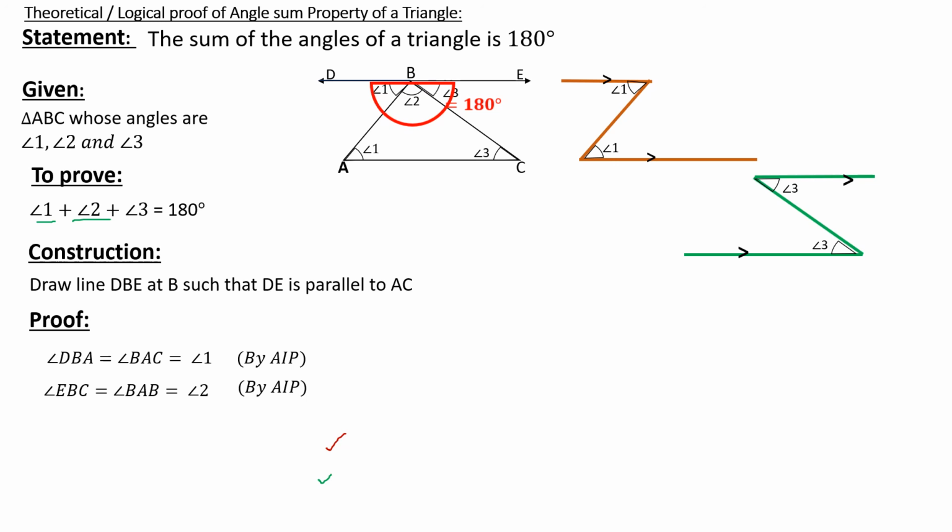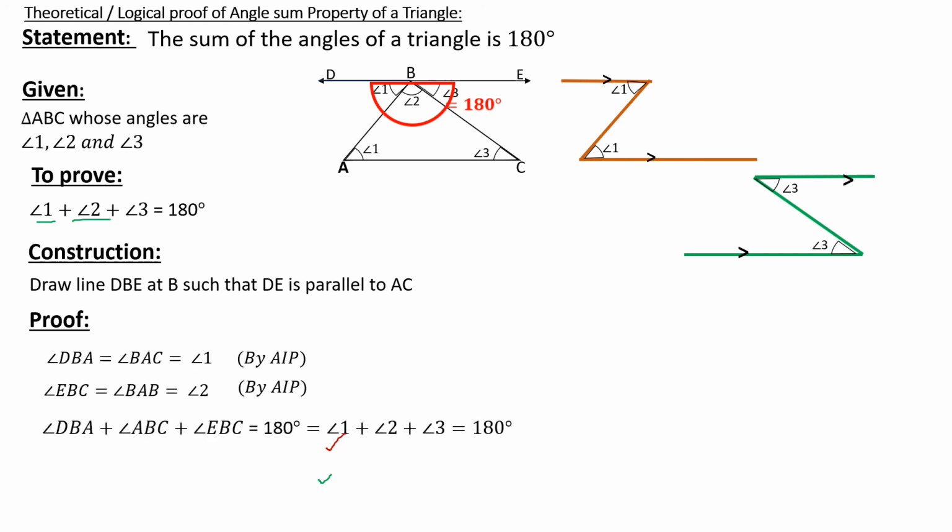It is split into angles 1, 2 and 3, which are positioned in such a way that all three have the same vertex at B. They have no gaps in between. They are placed adjacent to each other without any overlapping or gap. So angle 1 plus angle 2 plus angle 3 should be equal to 180.